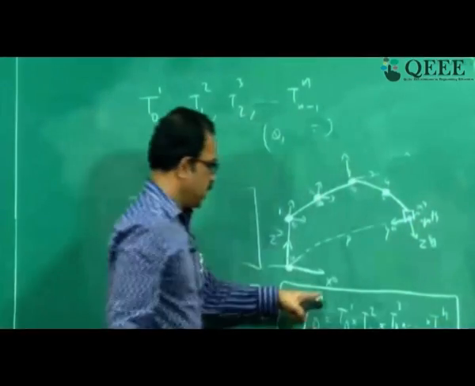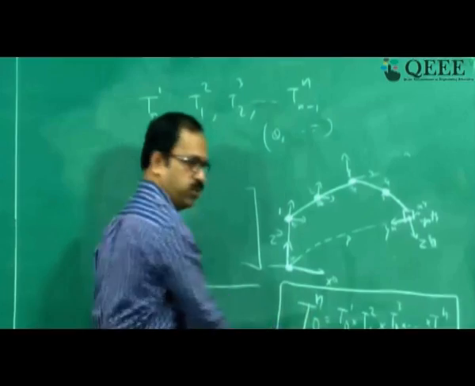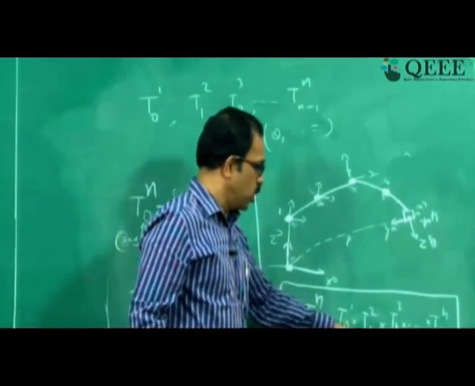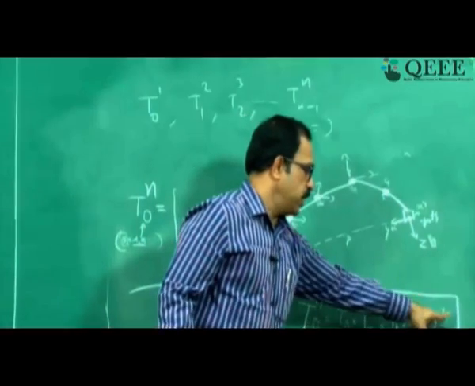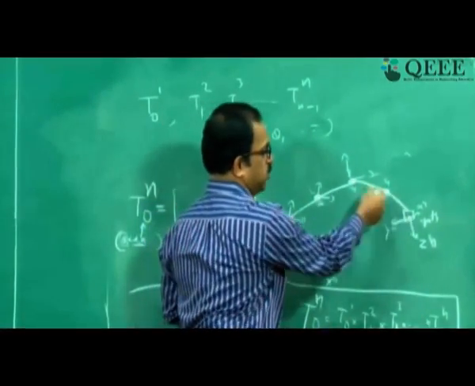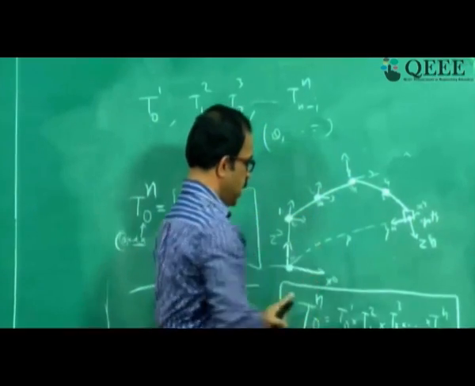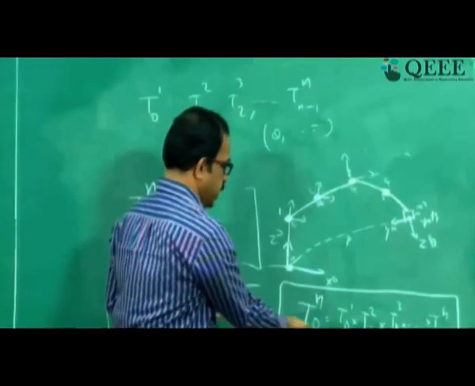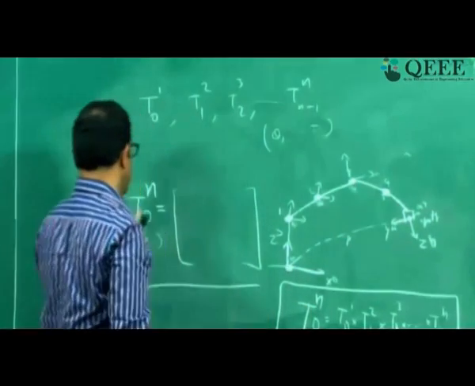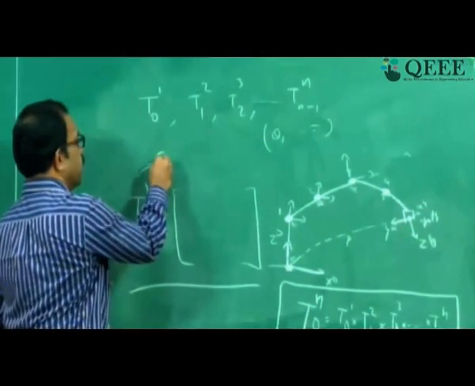I can get the transformation from the nth frame to the 0th frame by taking the individual transformations 1 to 0, 2 to 1, 3 to 2 etc. and n to n minus 1.